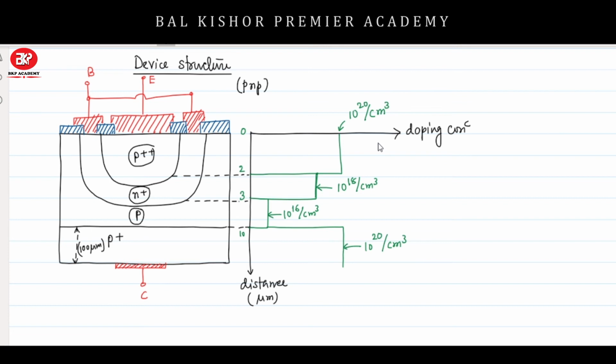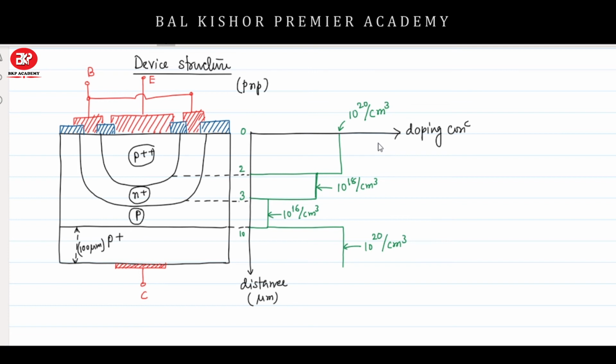This structure is the realistic cross-sectional view of a bipolar junction transistor. Now for analysis purposes, a simple structure of the BJT is needed, for which a simple equation can be derived and the essential phenomena can be clearly brought out.